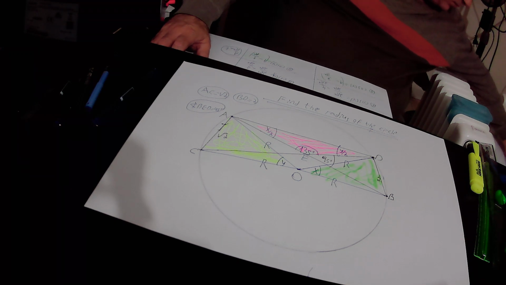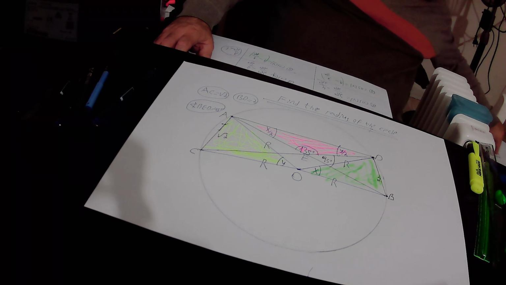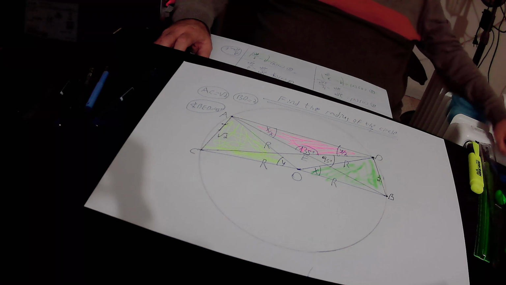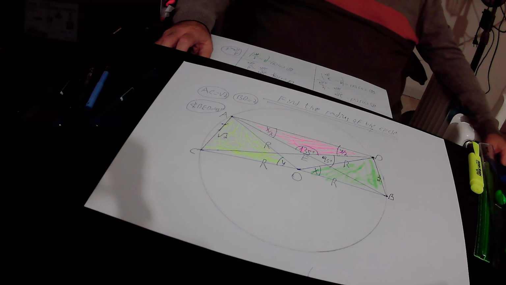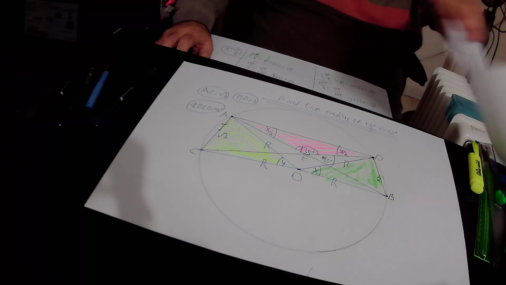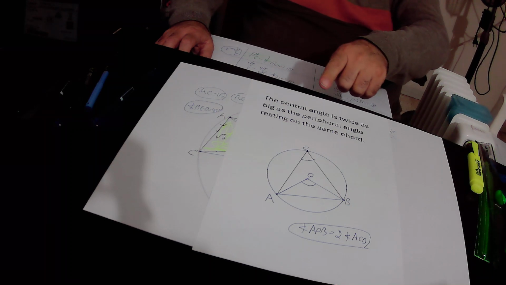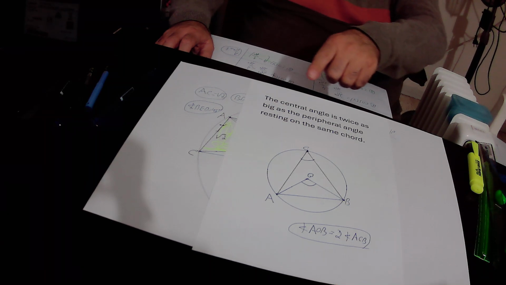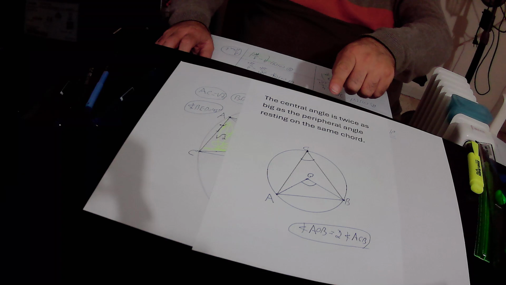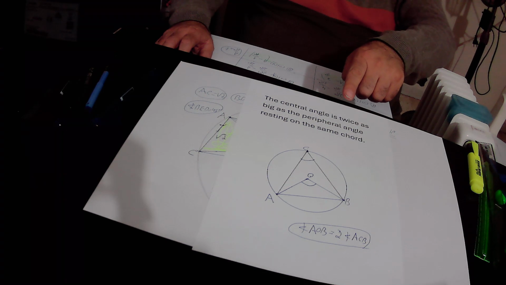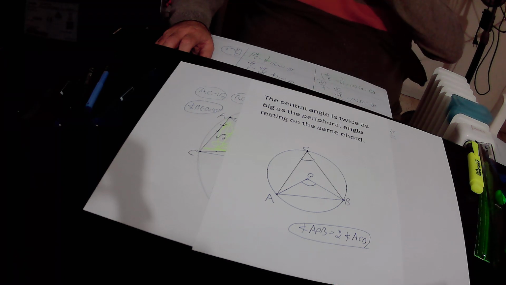The first rule is that the central angle is twice as big as the peripheral angle resting on the same chord.